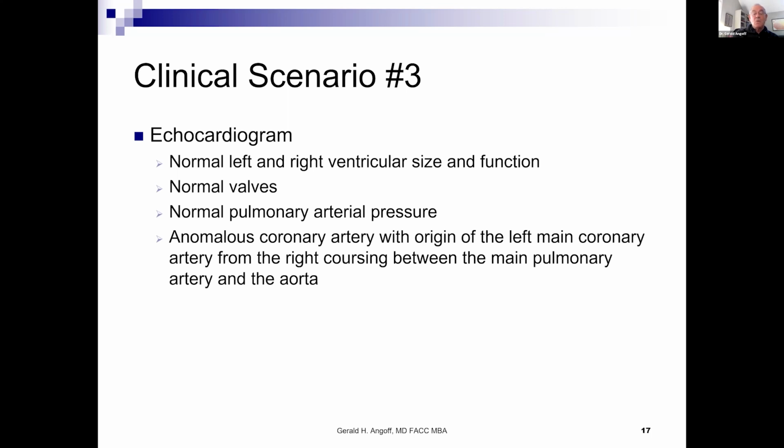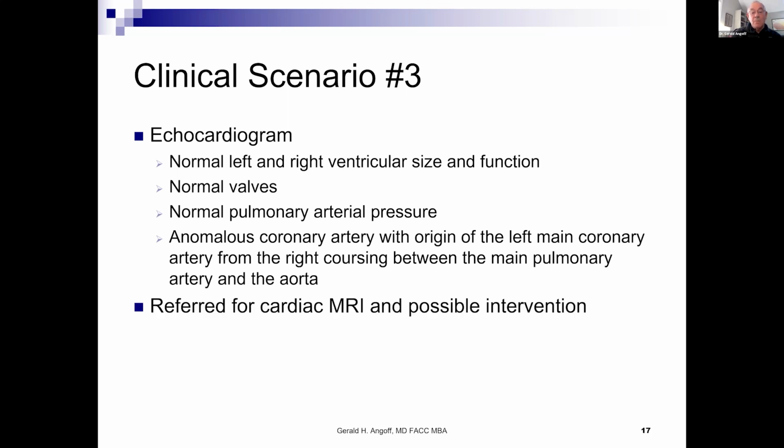So the left main coronary artery was between the main pulmonary artery and the aorta, in a position where it could get pinched, particularly with systolic expansion of those blood vessels. He was referred for cardiac MRI and possible intervention. In such cases, sometimes surgery is needed.